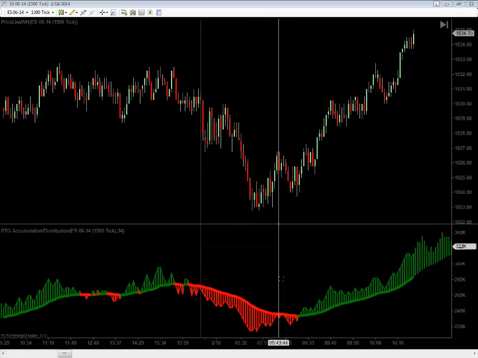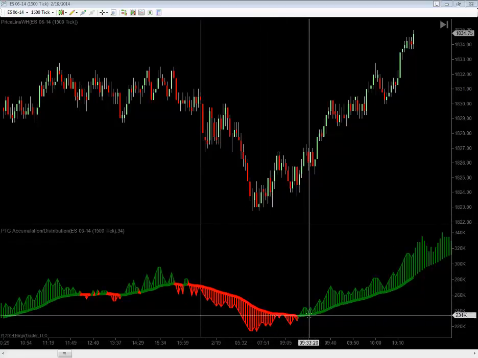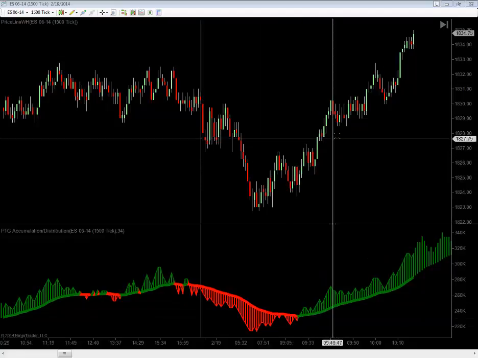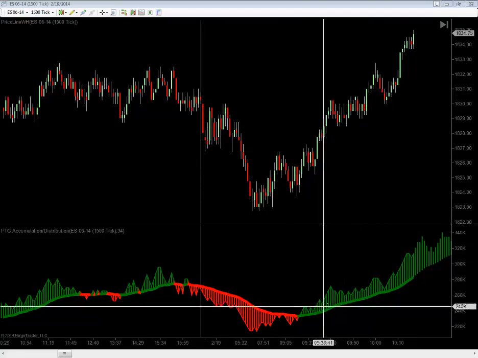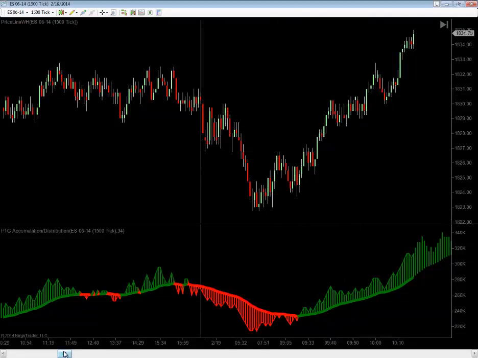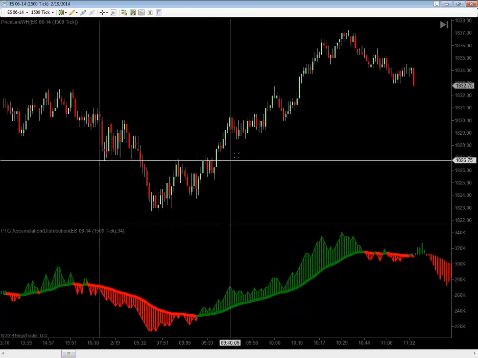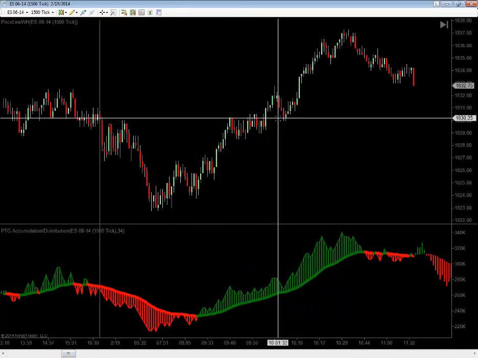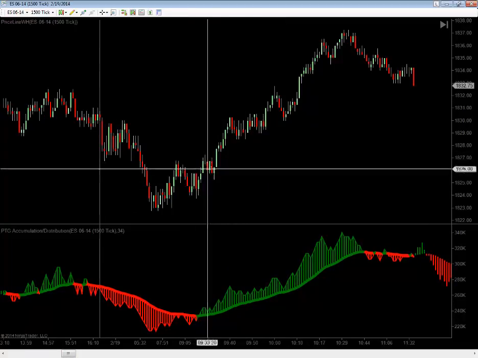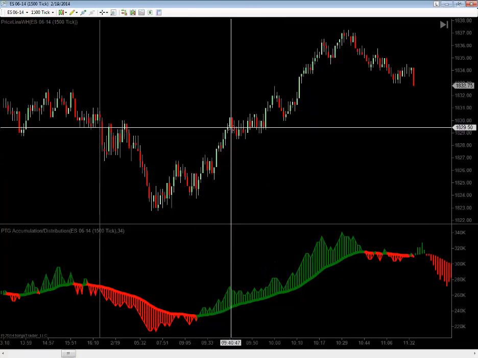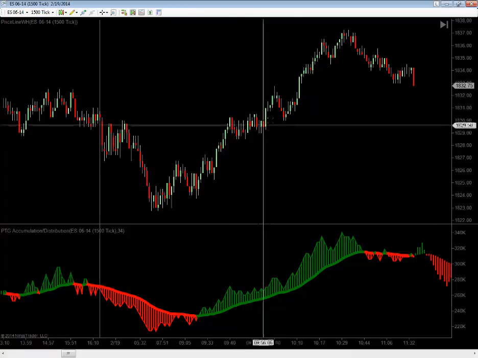Price found its low, and then buyers re-emerged, and as you can see, prices moved higher on increasing demand, and that was confirming that these higher prices were even attracting additional buying interest, moving prices higher.